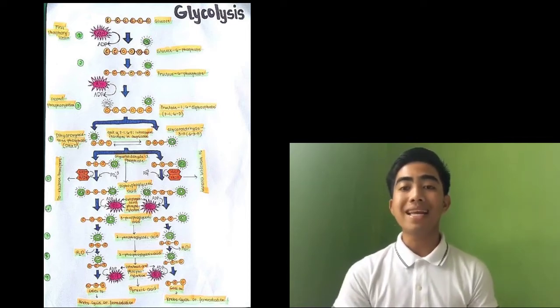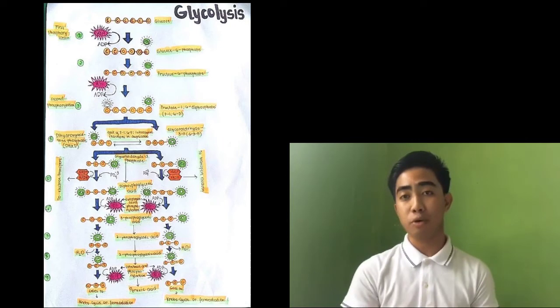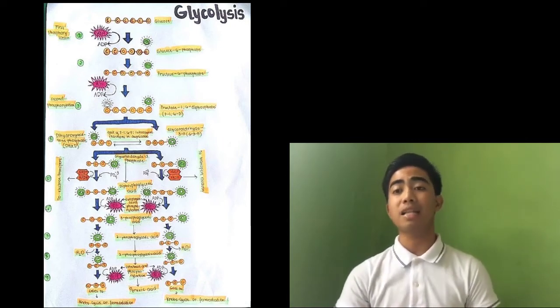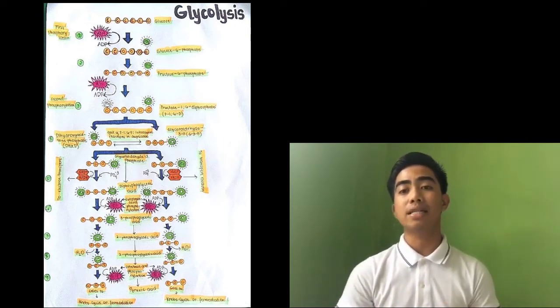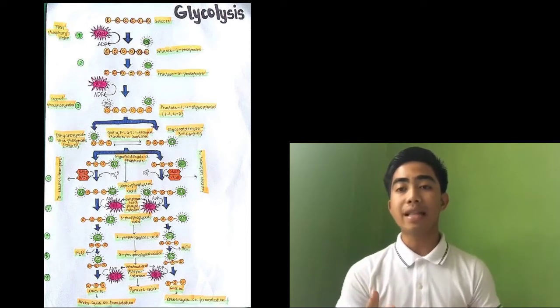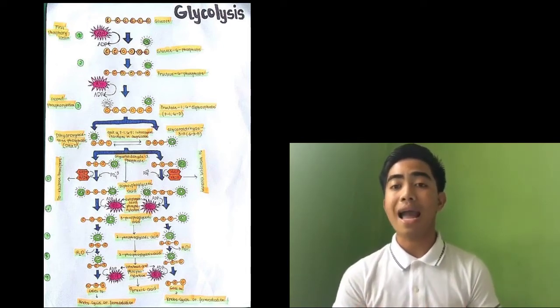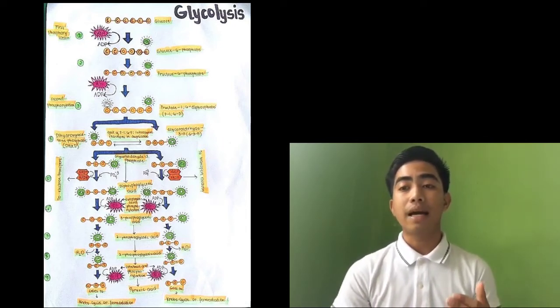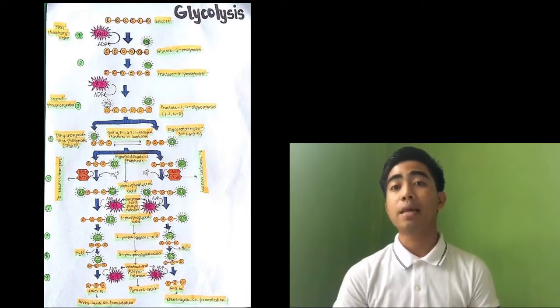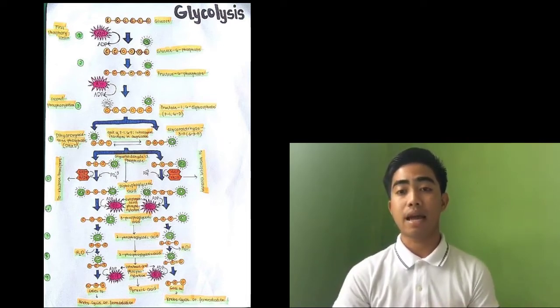What is left is pyruvic acid. Remember that we donated a phosphate, which means we released two ATP, in which pyruvic acid will go to either the TCA cycle or fermentation, depending on the organism used.